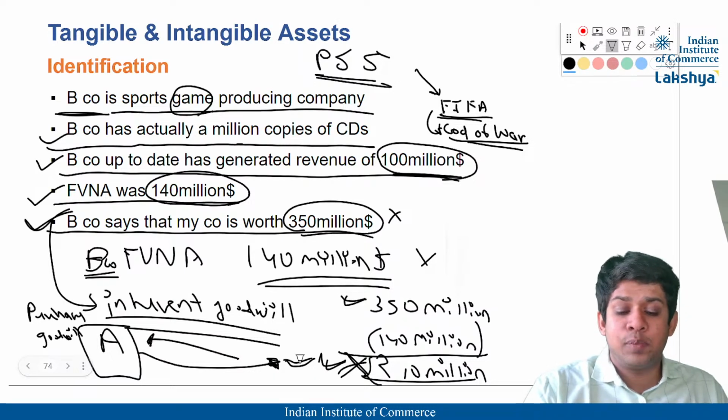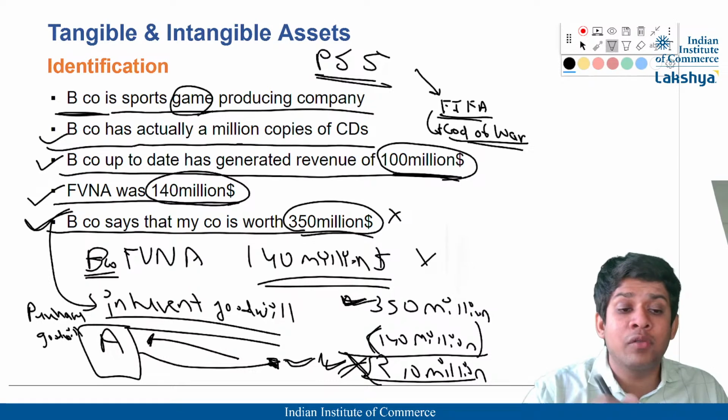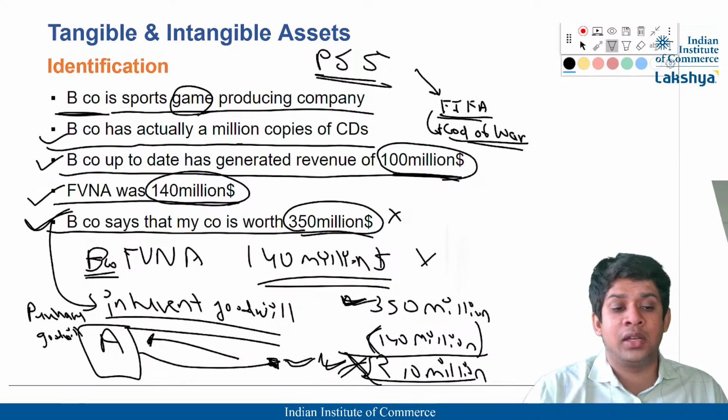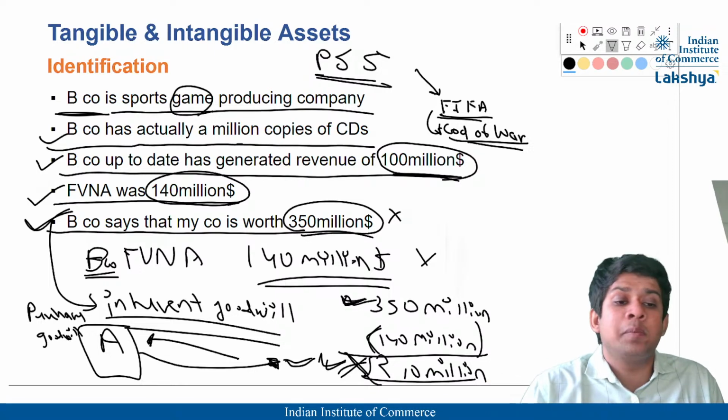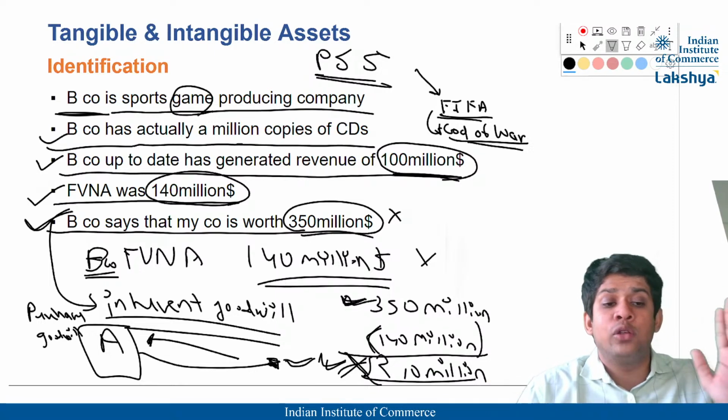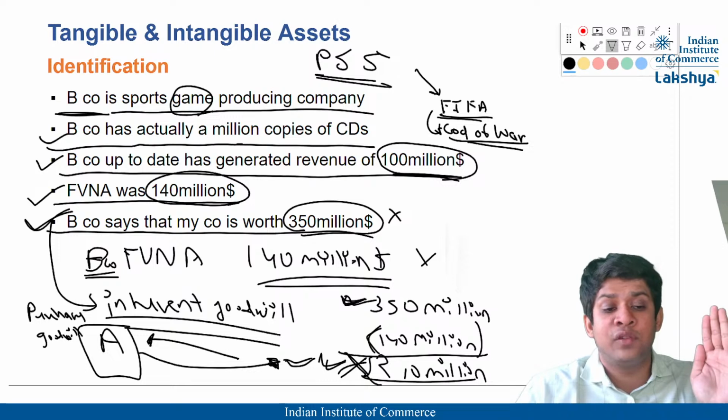If A company has purchased B company at $350 million, that means A company paid 350 million and deducted 140 million. That means A company put a worth of 350 million into B company. Then it is a fixed value of goodwill because now it will not change. Now it has been purchased at 350 million.